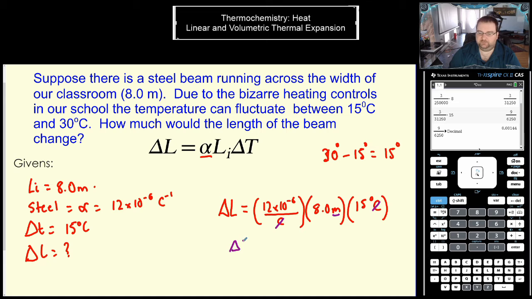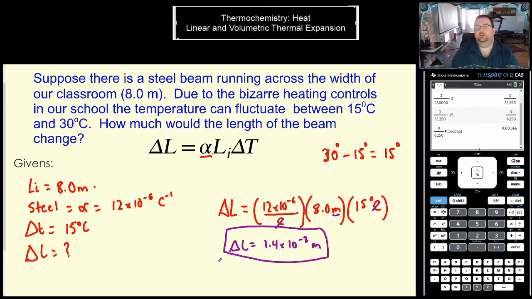So our delta L is going to be 1.4 times 10 to the negative 3 meters. There we go. So it's not going to change by much, but it will change.